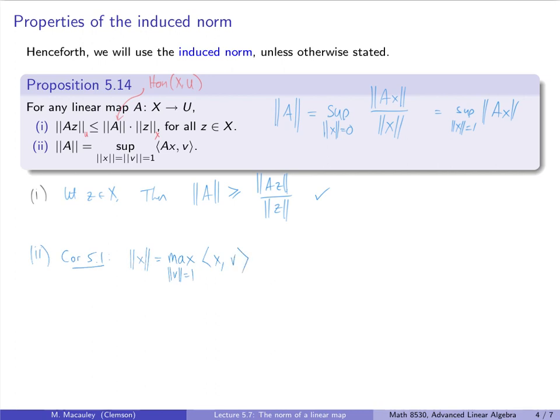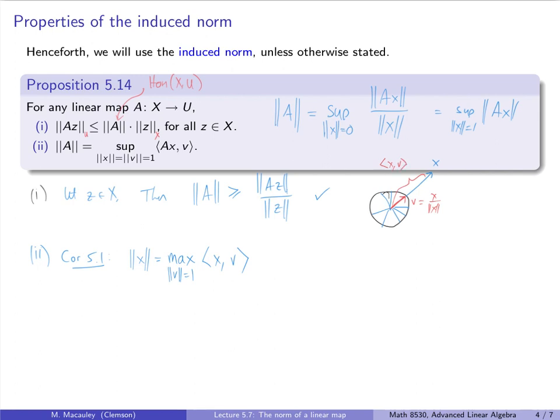So a way to think about that is we take the unit sphere. So x is sitting out here, and we take the unit sphere and we look at all possible unit vectors, and we project onto each one of them, and we say, where is this projection maximized? And clearly that projection is going to be maximized where v equals x, the normalized version of x, and this inner product of x and v is just that length.